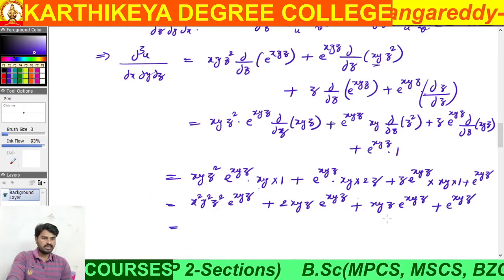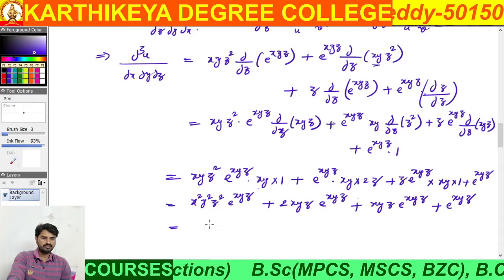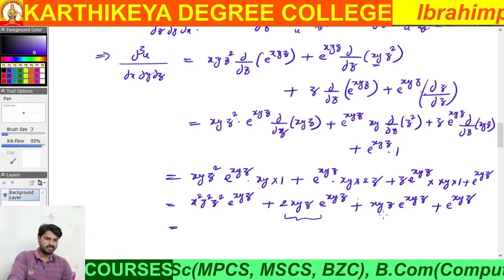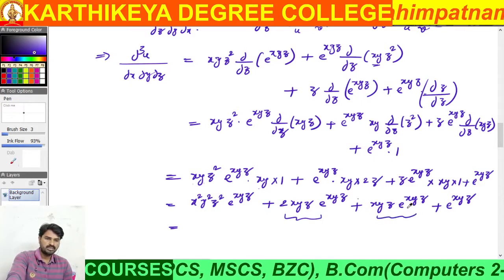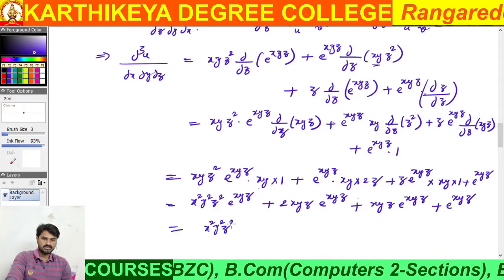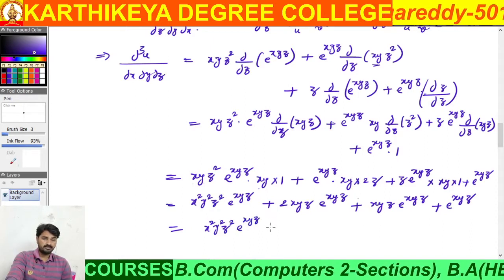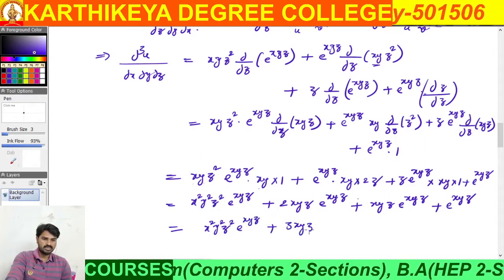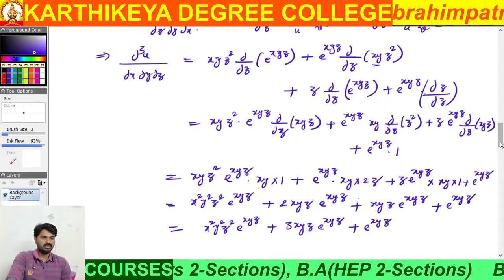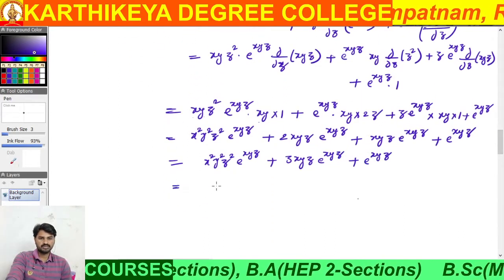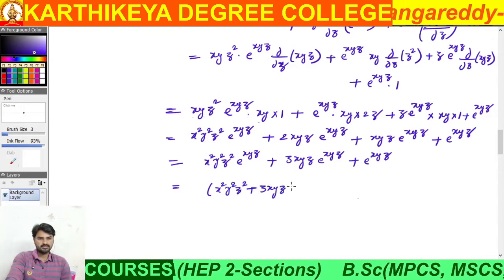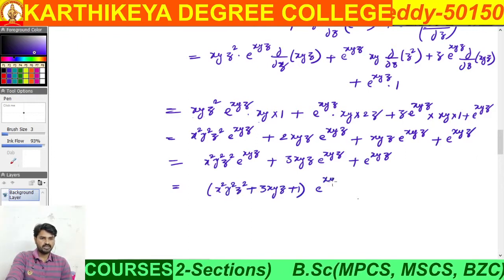Now if you take e^(xyz) common, observe that 2xyz e^(xyz) and xyz e^(xyz) together give 3xyz e^(xyz). That is x²y²z² e^(xyz) plus 3xyz e^(xyz) plus e^(xyz). Taking e^(xyz) common in every term, we get (x²y²z² + 3xyz + 1) e^(xyz).